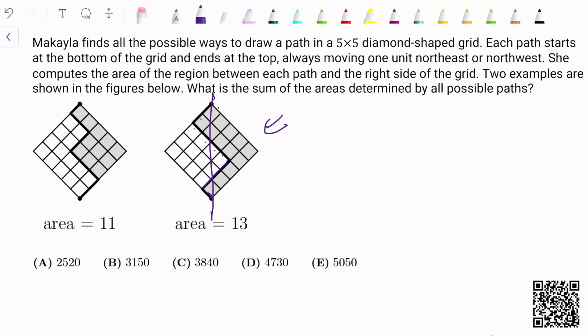The squares that the first path missed, you can think of it as the second path coming back for them. So now that we know the area of the two paired paths added together is always 25, we have the average of those two. So that's 25 simply divided by 2.